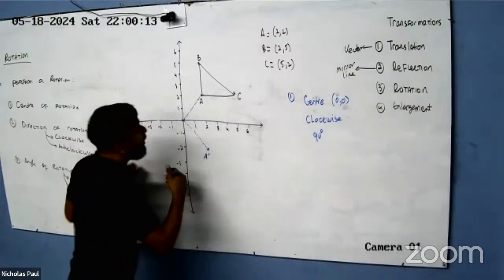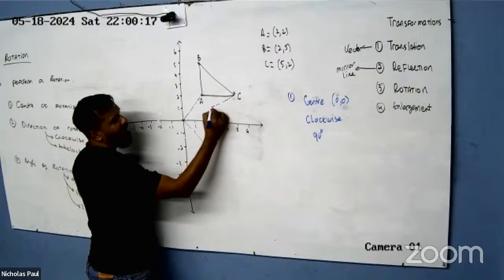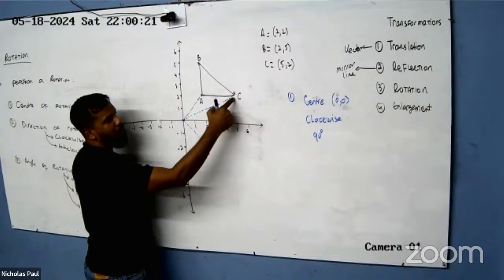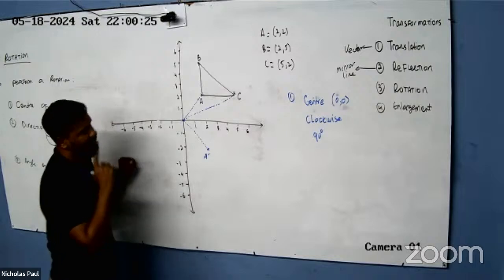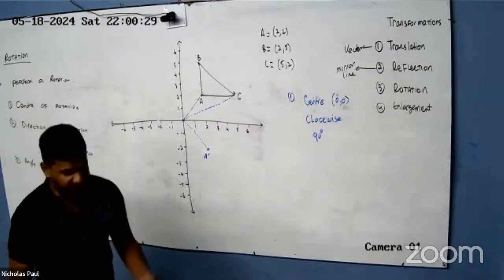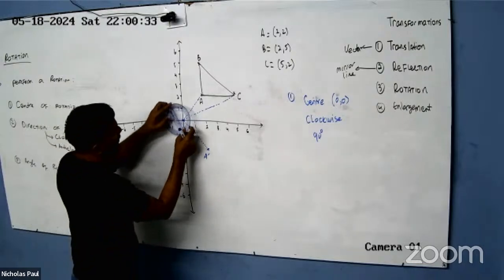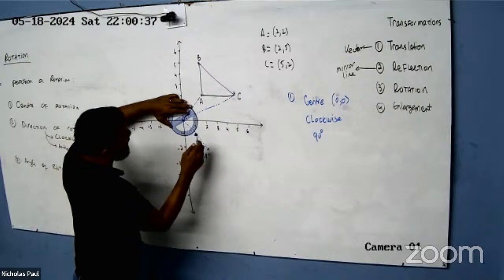Draw a broken line from 5, 2 all the way to 0. Measure 90 degrees. Do it again.